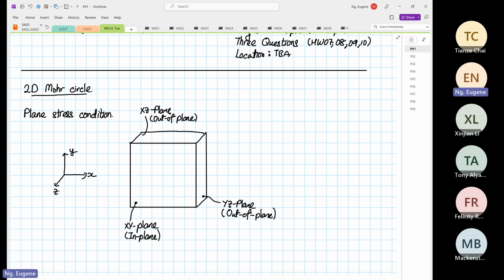Now we can have normal stress acting on each face.